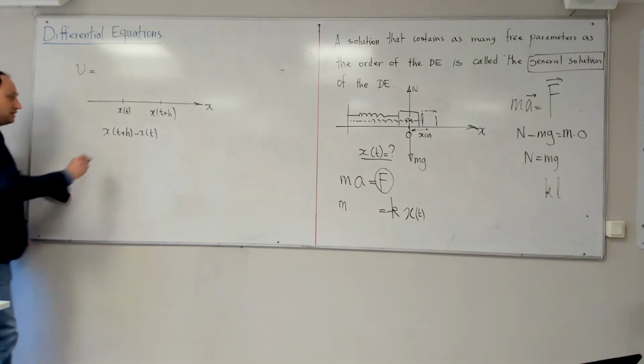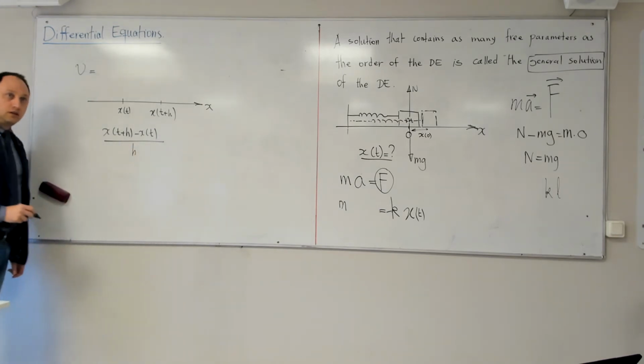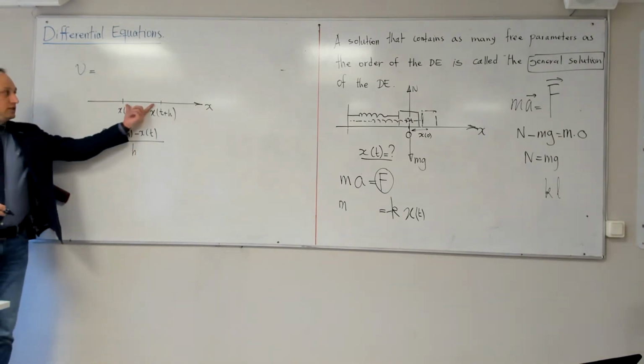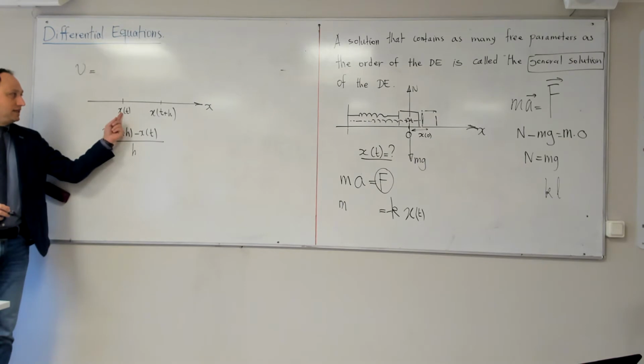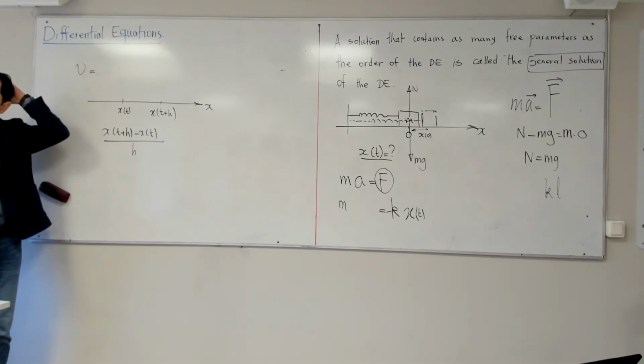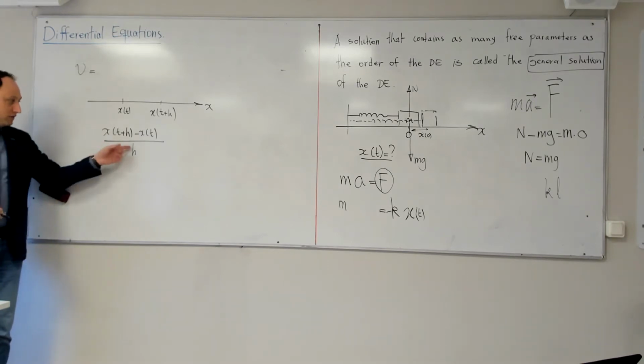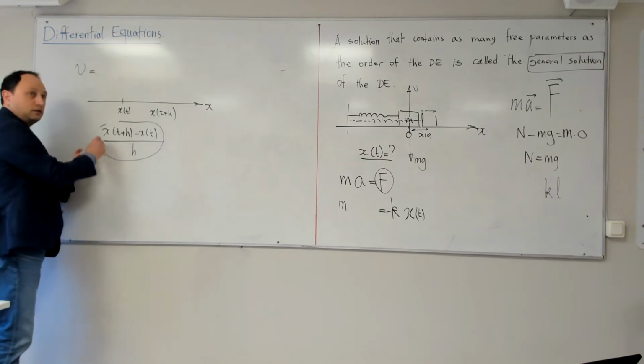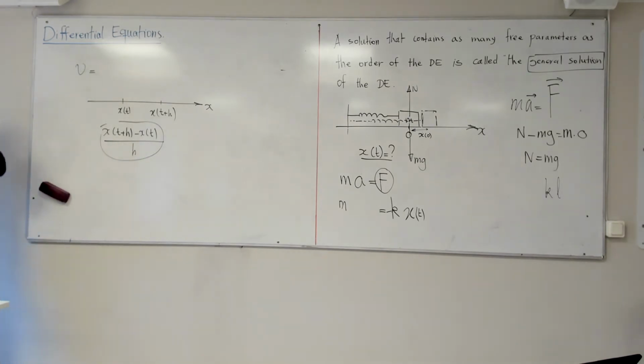And if I divide it by h, this is the time interval between this instant of time and that instant of time. What is this quantity called in physics? Average velocity.